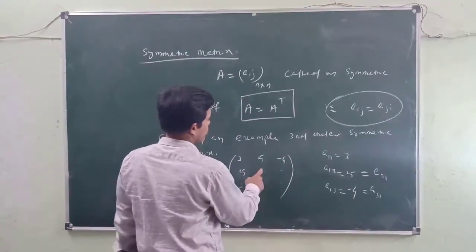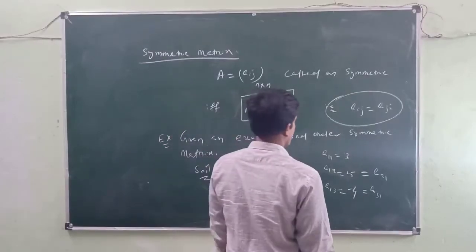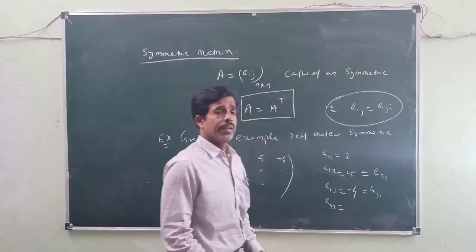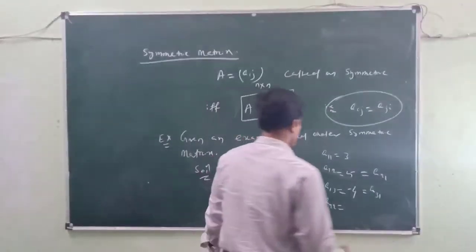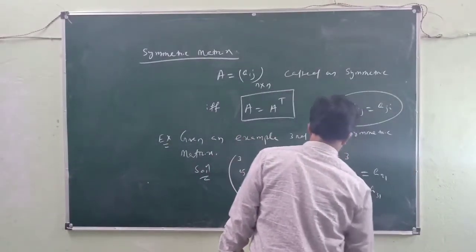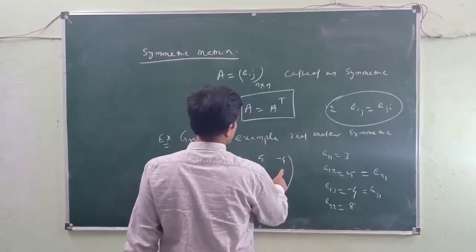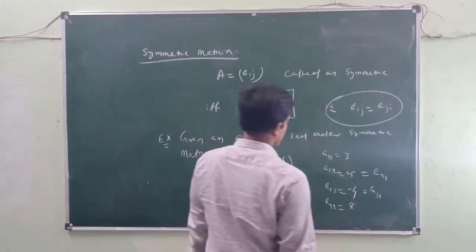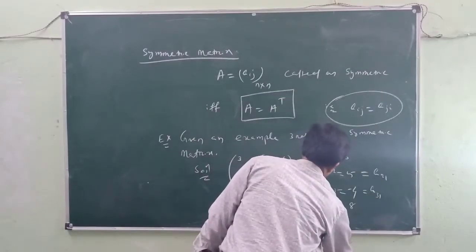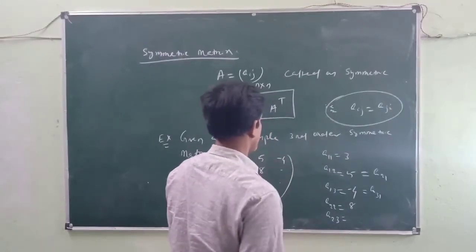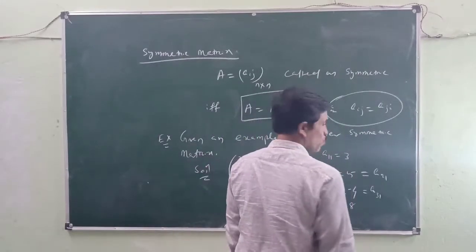Then this position is the 2nd diagonal position. So in the a22 position, you write any value.